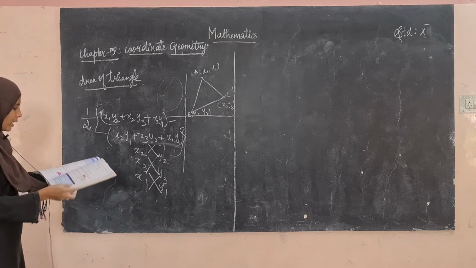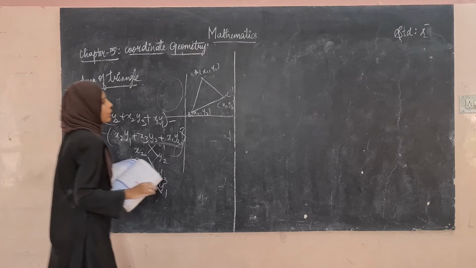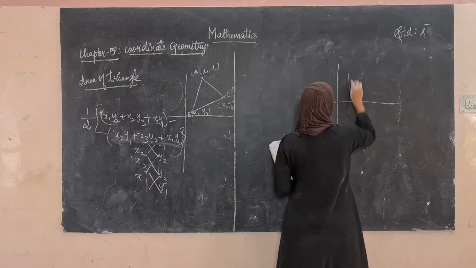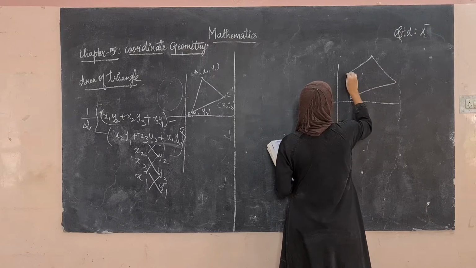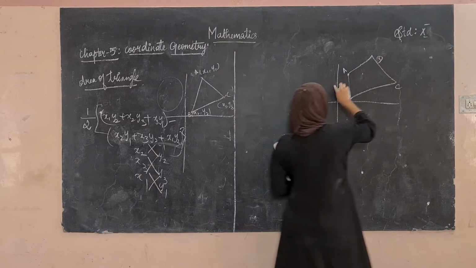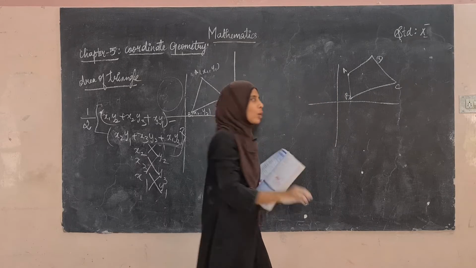Similarly, the formula for finding the area of the quadrilateral. A quadrilateral will have 4 points, A, B, C, D. Here also you have to take the points in anti-clockwise direction.